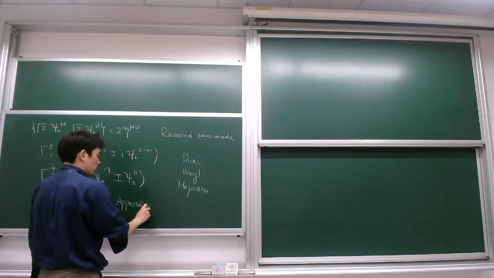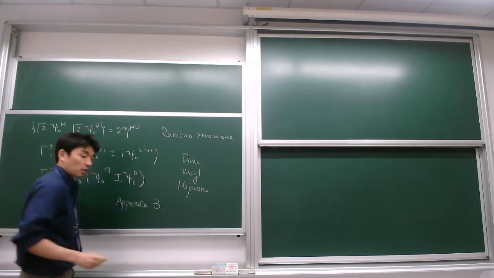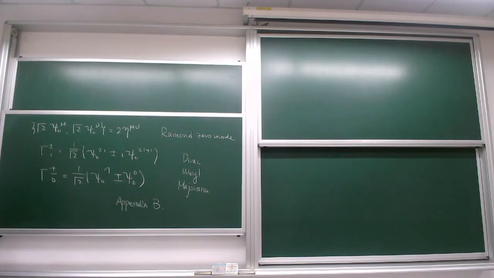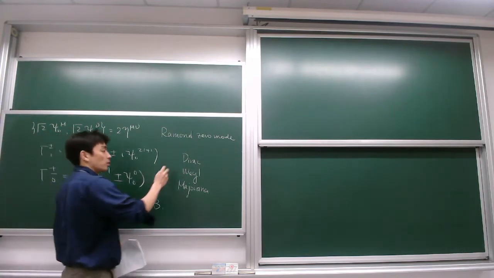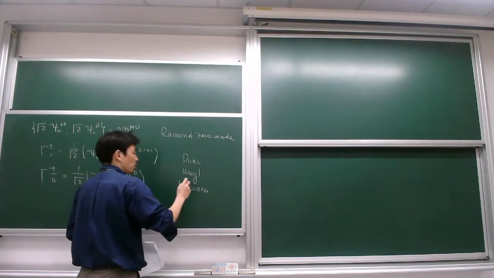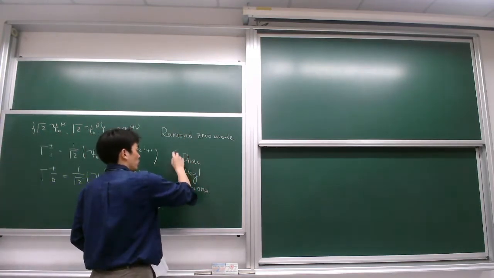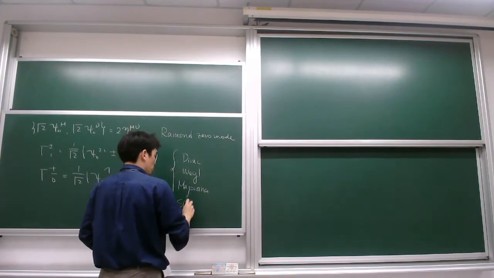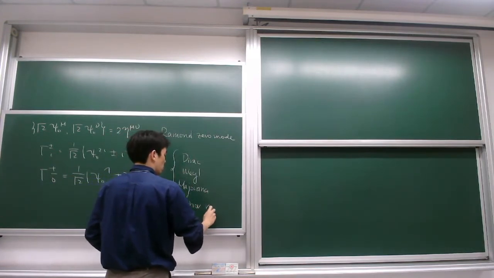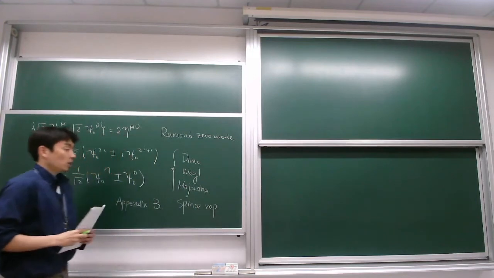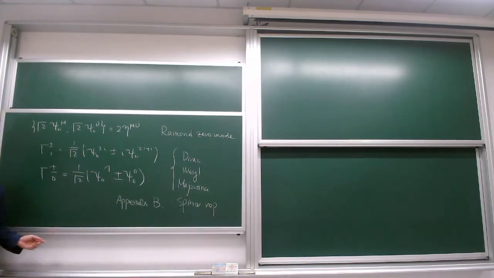But Appendix B is very nice. It's a kind of must read. So you should read it. And also today we will use a lot of representation theory of the spinor representation, in general, like the spinor representation. Appendix D. So that's this week's homework.